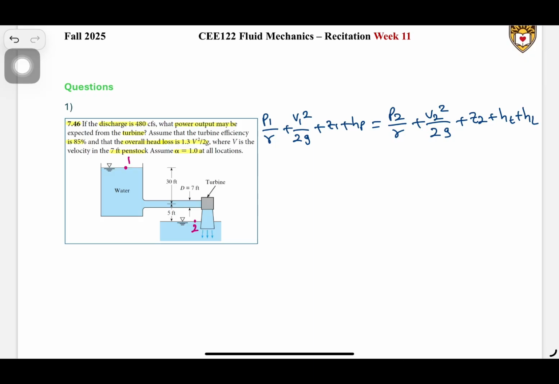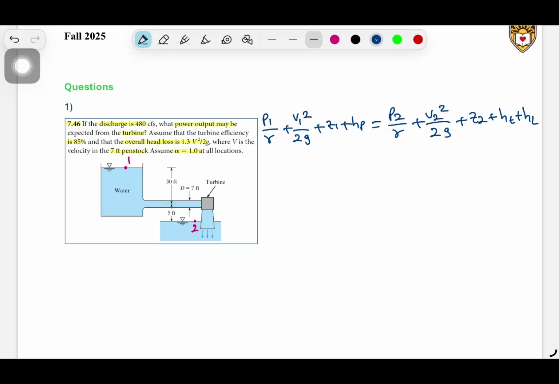And we usually select water reservoir surfaces because if you do that, we can directly ignore pressure and velocity for both sides. So it will make our calculations easier.